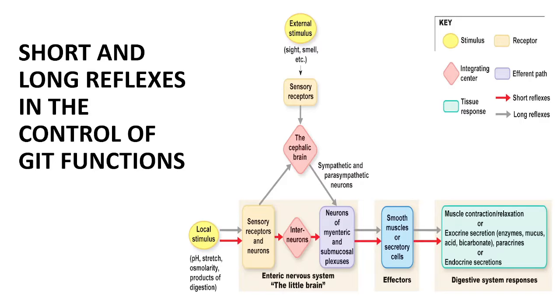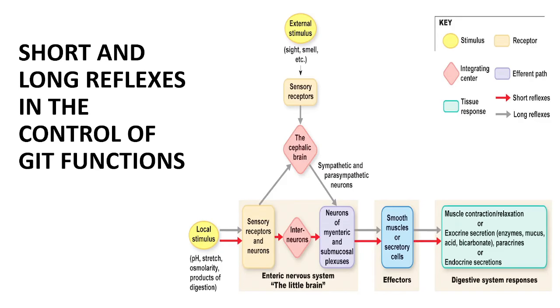Secretion can be exocrine or endocrine. So short and long reflexes are present, for example, in the control of gastric juice secretion, and we will be talking about both short and long reflexes found there.